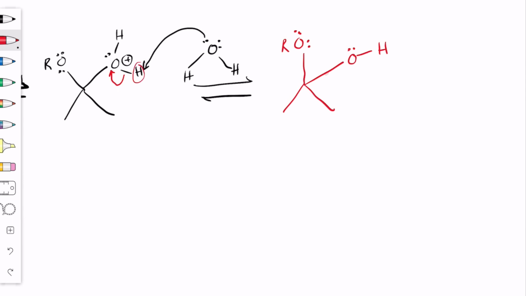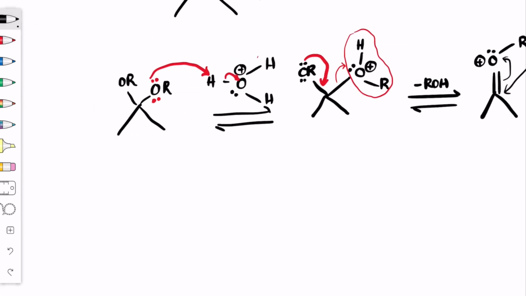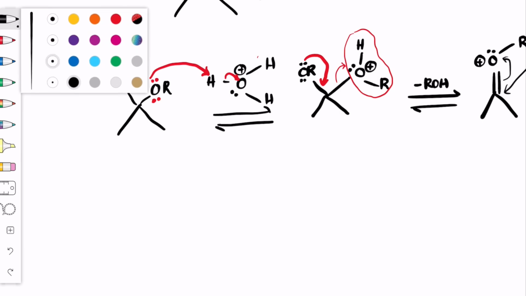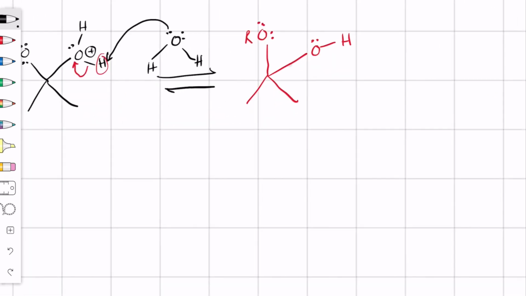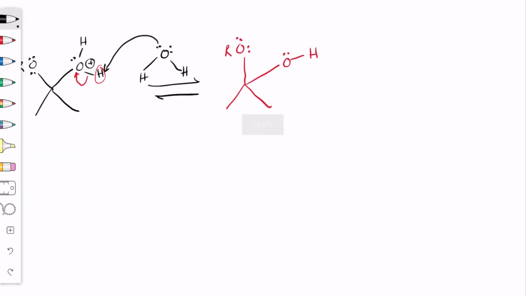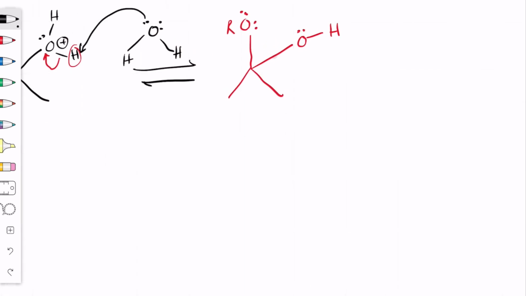So now you have an OR and an OH. Whenever you had OR and OR, we called this an acetal. And here there is an OR group and an OH group. So this is called a hemiacetal.